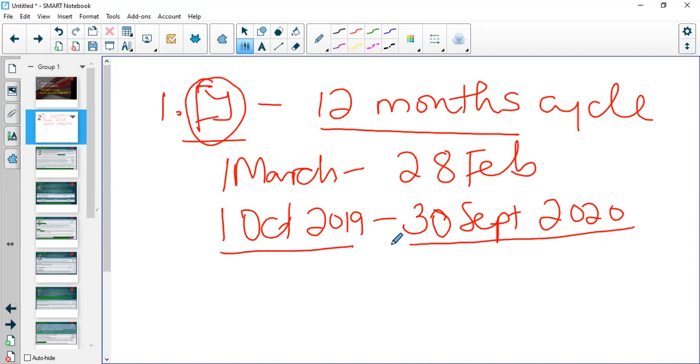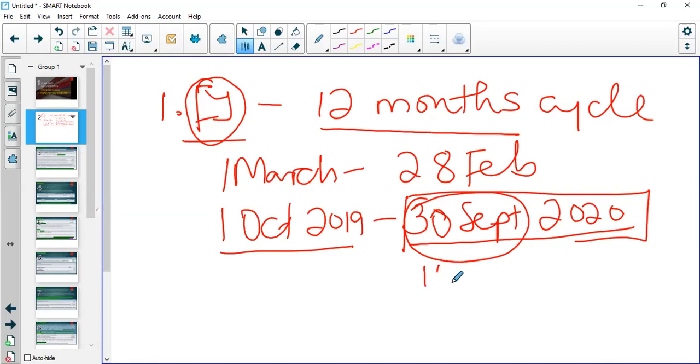If you want an idea of how to know when a year started, if you are given a year ending 30 September 2020, you know that the year started the following day last year. So the following day is 1 October. It started 1 October 2019.